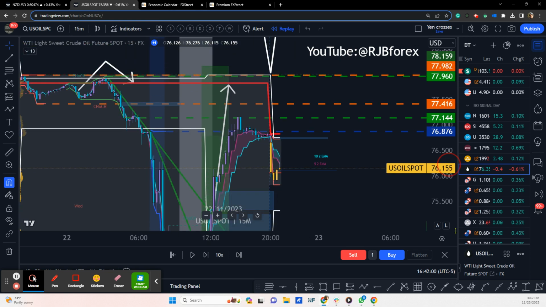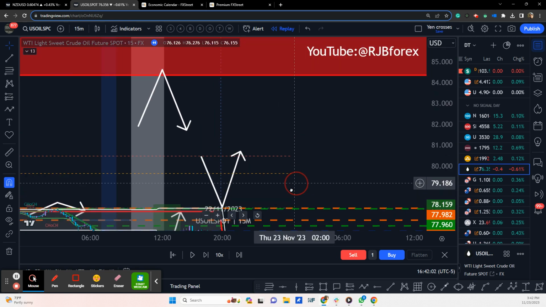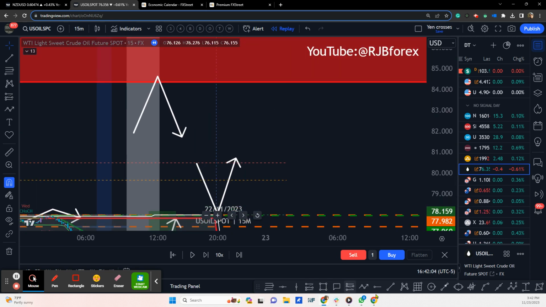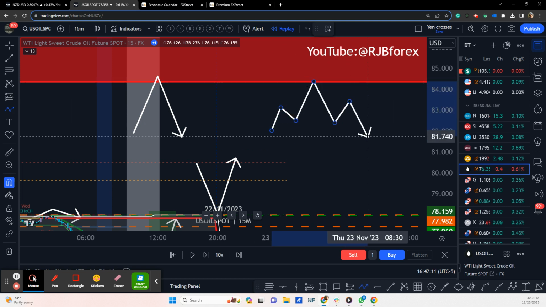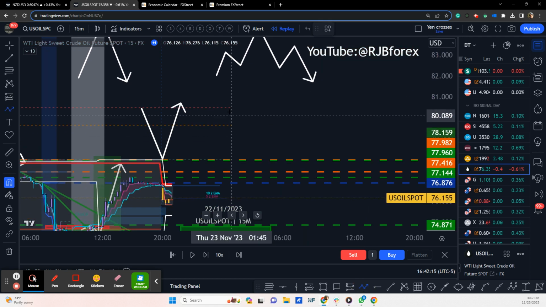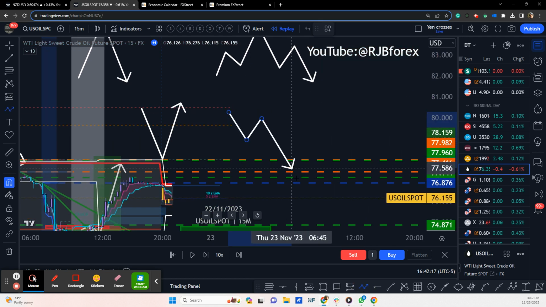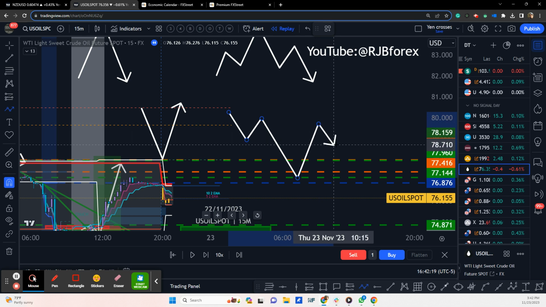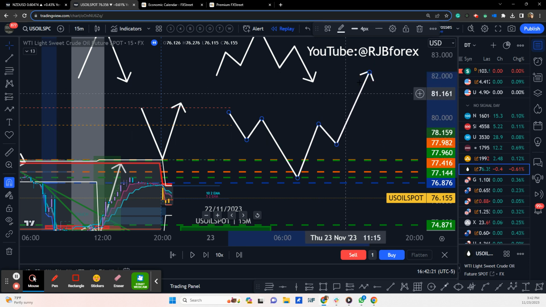We can also have head and shoulders. They're not always going to look as clean as that. We can have inverse head and shoulders. Inverse are bullish, heading higher.